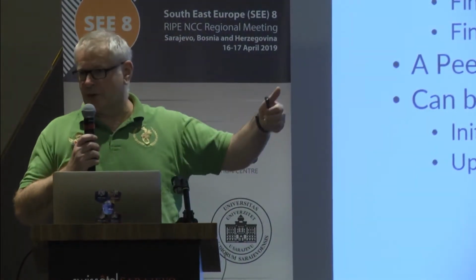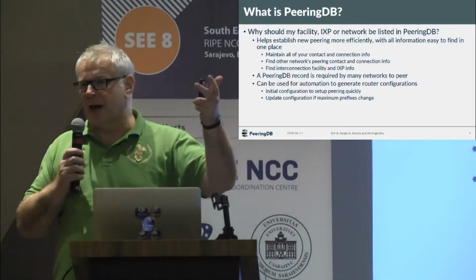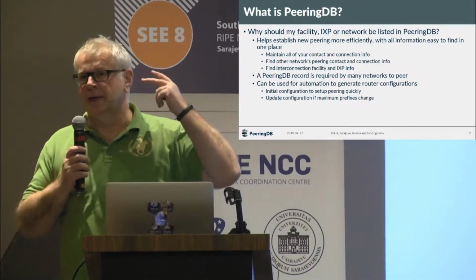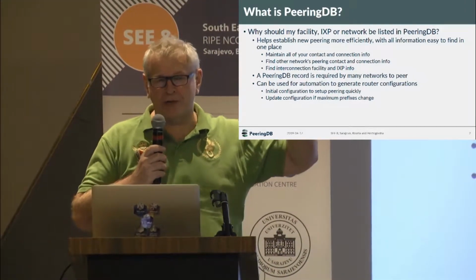So it's more efficient to interconnect via so-called internet exchange points, and this is the third component we store information about in PeeringDB. So we have networks, autonomous system numbers, then facilities, and the last component is internet exchange points. These are the basic records.